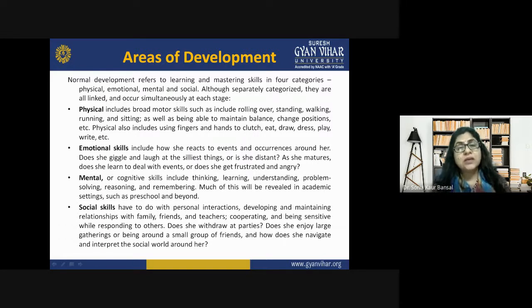Is there any particular behavior of the child that you are noticing during some situations, that the child is being away from society, the child doesn't want to go to a society function or anything? This is how we have to be very particular about social skills and social development.